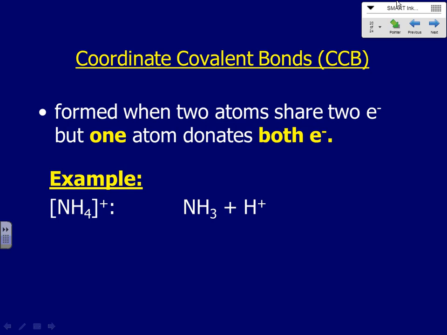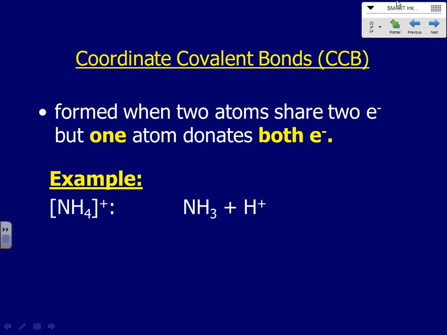I would hope you're getting to the end of that first bullet, and as you're reading and writing there, how is a coordinate covalent bond different than the bonds we've talked about up to this point? Why is it different, Cindy? Yeah, there's one donating both electrons as opposed to both of them bringing an electron together to share their electrons.